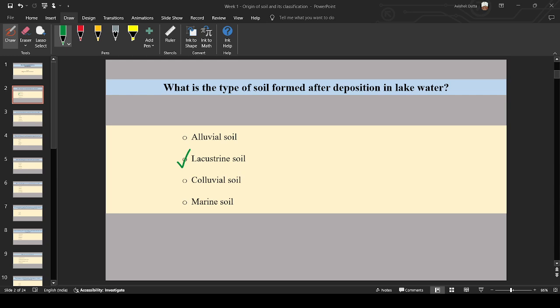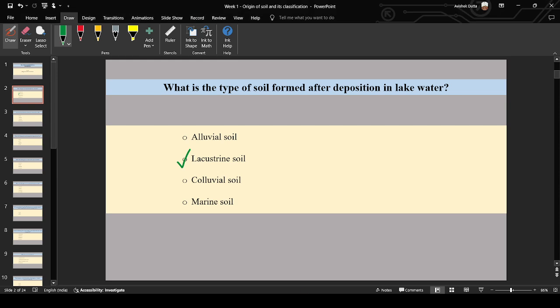So these are the three other options. I'll just write it down. As I've mentioned, the alluvial soil is transported by the action of river, colluvial soil by the action of gravity, and marine soil by the action of seawater.